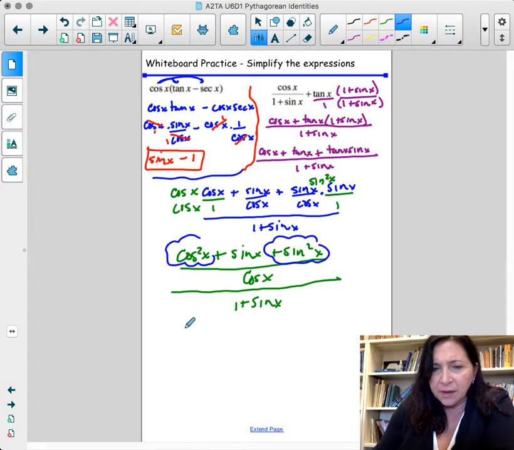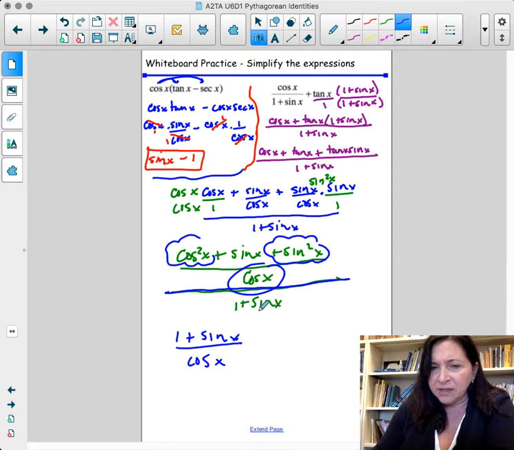So that's 1. So I have 1 plus sine of x over cosine of x, which is this here, divided by 1 plus sine of x over 1. Well, I'm going to multiply that by the reciprocal, so I have 1 over 1 plus sine of x.